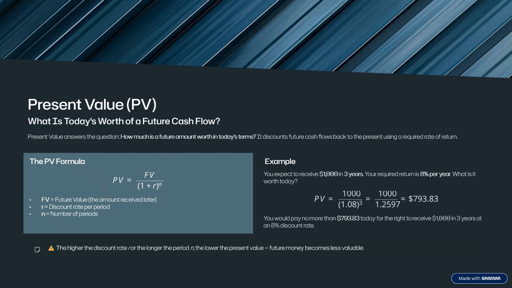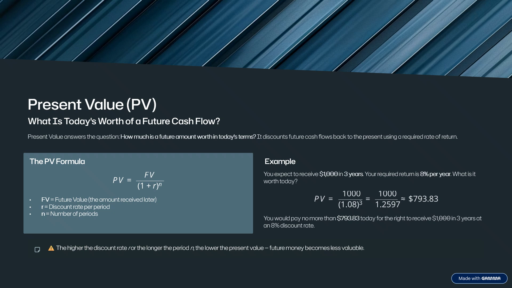Got it? Now one thing to always remember: future money is not equal to the present value of money. We must always convert it before comparing. Correct? So in the previous slide, we learned money today is more valuable, and now we learned how to calculate that value. Got it? I hope you understand that.